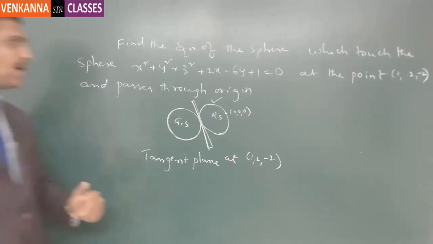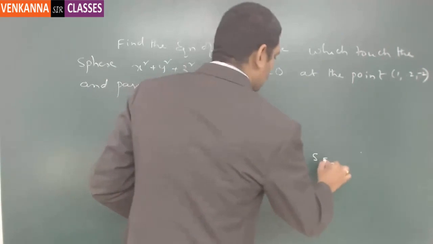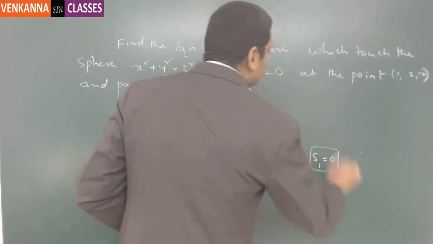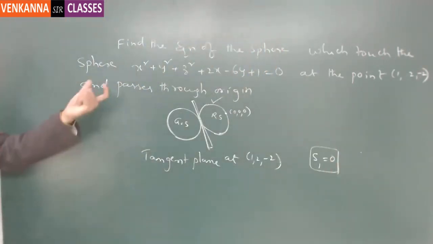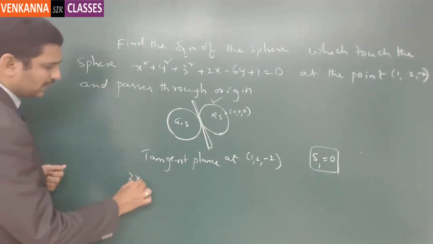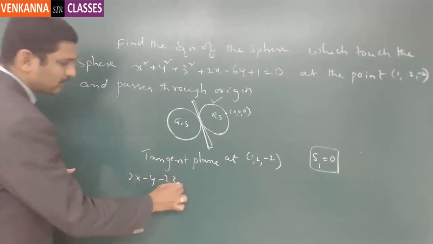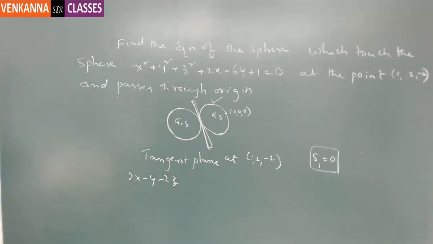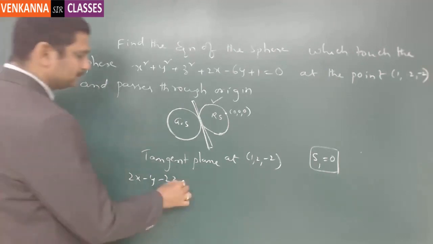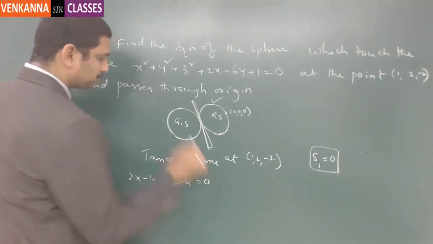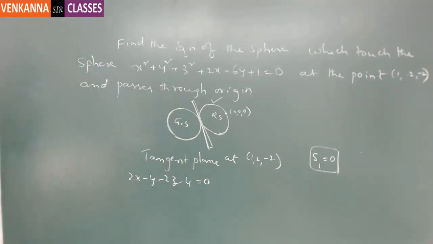Using the formula S1 equal to 0, you can find it. The equation of the tangent plane is nothing but 2x minus y minus 2z minus 4 equal to 0. Could you check on that by doing the substitution?